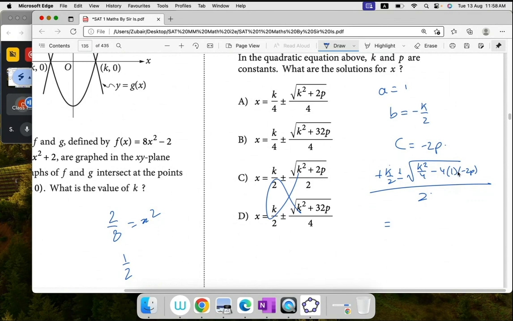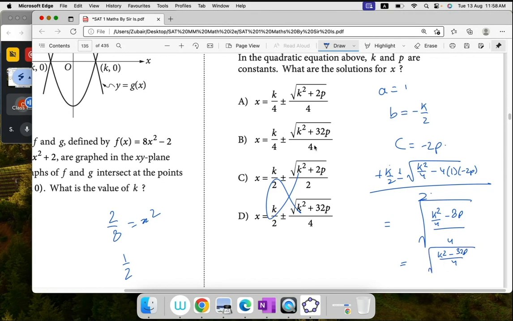And 4 times 2 is going to be 8. And we are simplifying the right hand side separately. So this is basically k square by 4 minus 8p. And when I get this in square root, I should have 4 over here. So this is k square minus 8 times 4 is 32p by 4. That is going to make it 16 in the denominator.